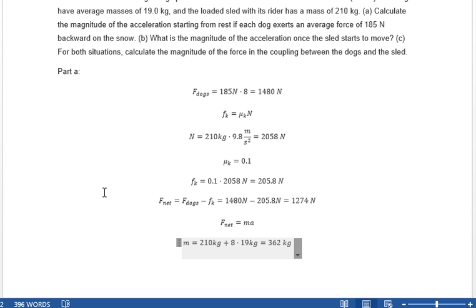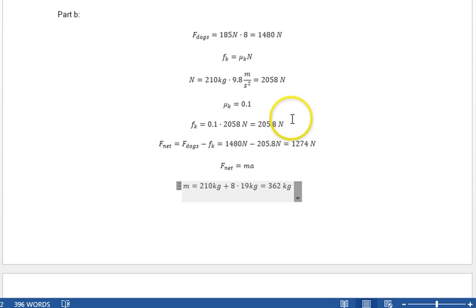Except what I just calculated was the magnitude of the acceleration in part B, because this is kinetic, right?